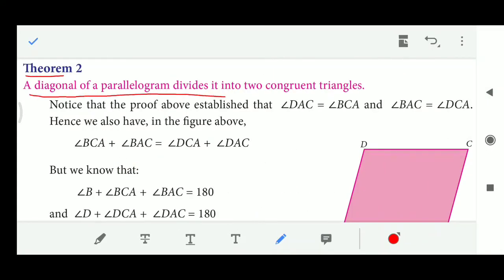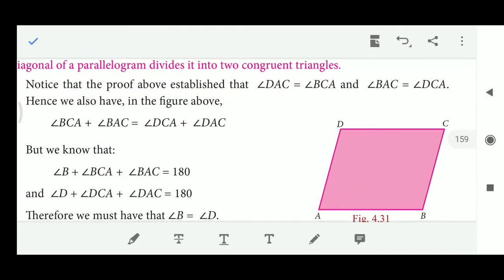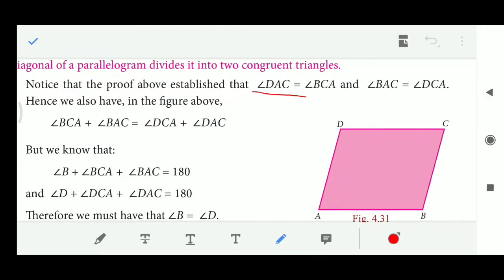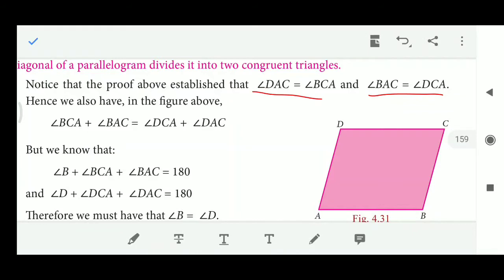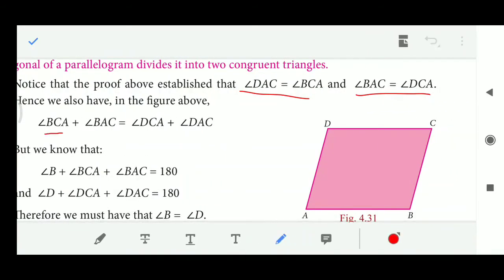Next, theorem 2: a diagonal of a parallelogram divides it into two congruent triangles. Here using theorem 1, angle DAC equal to angle BCA and angle BAC equal to angle DCA.